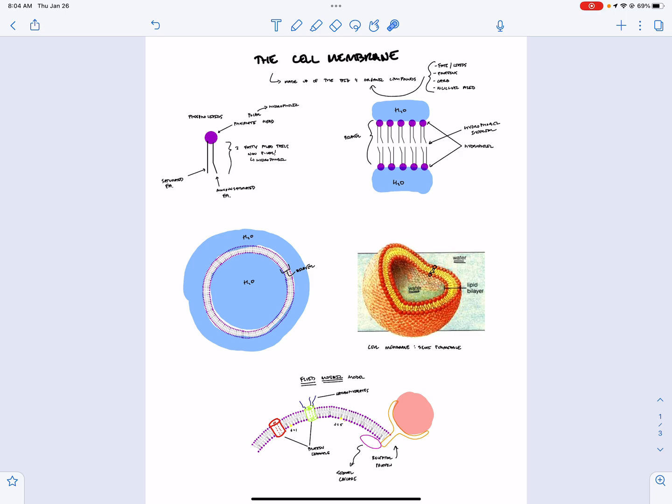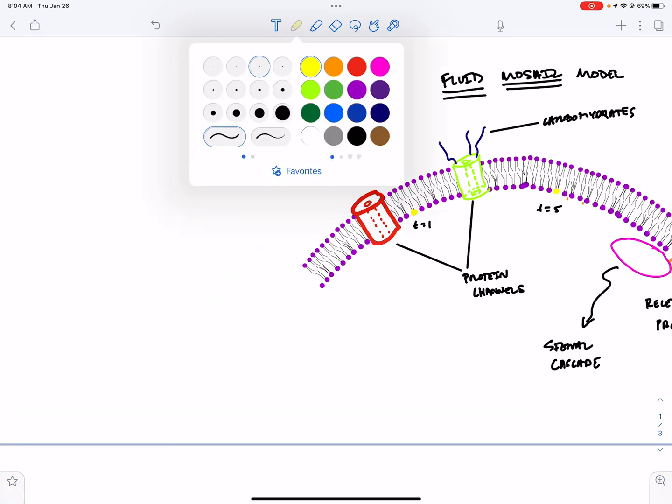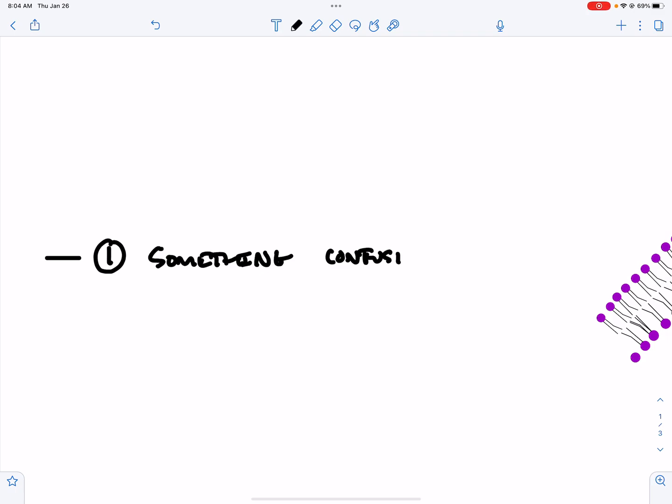Okay, what I want you to do now, this is new this year for folks who were in my class last term, is I want you to write down at the bottom of your page somewhere one thing you're still confused about. I want you to write down one question you're curious about.